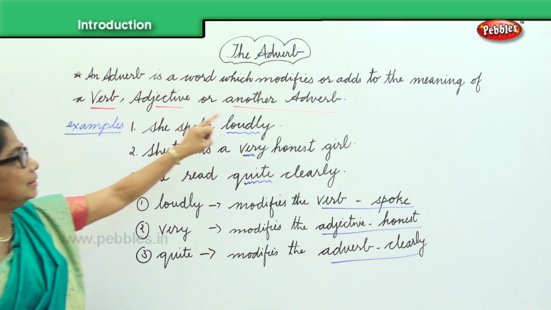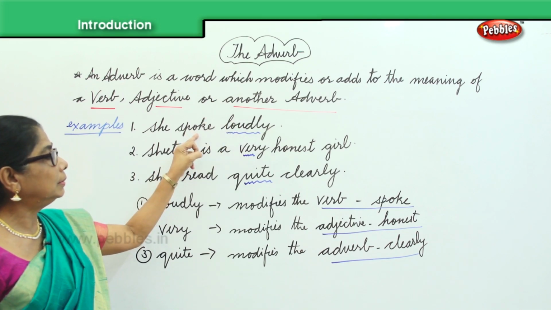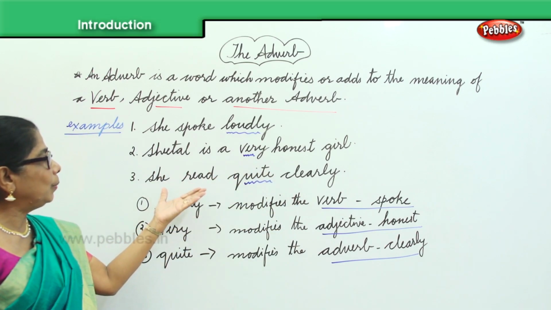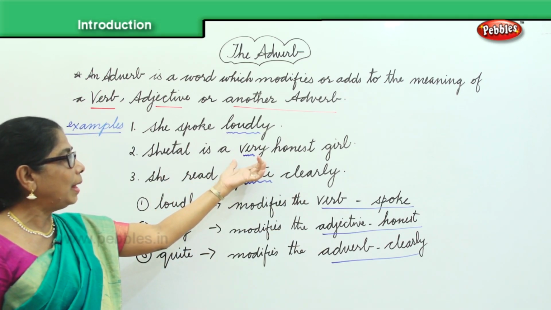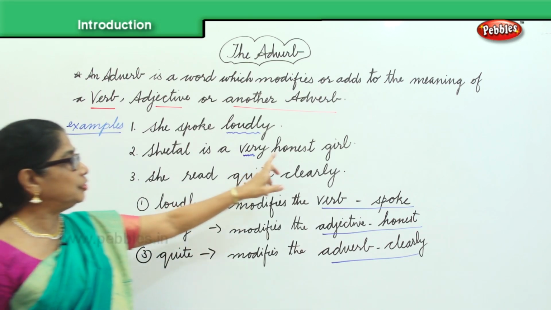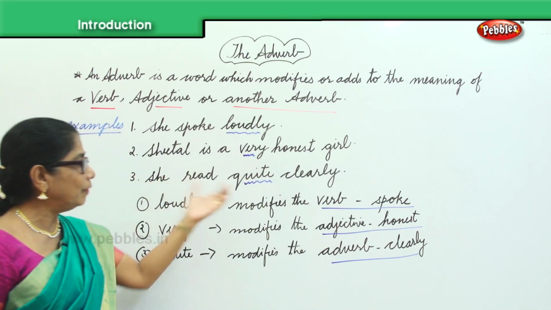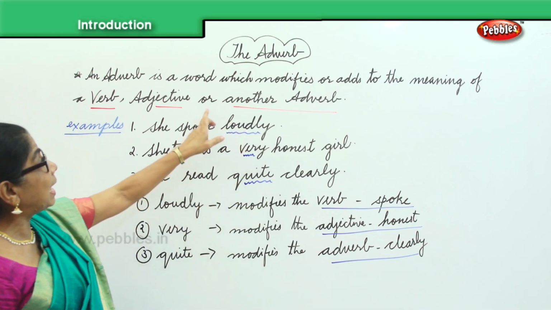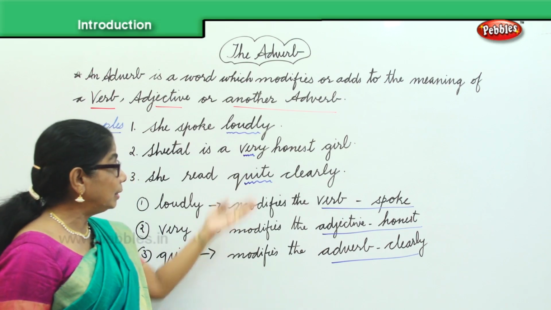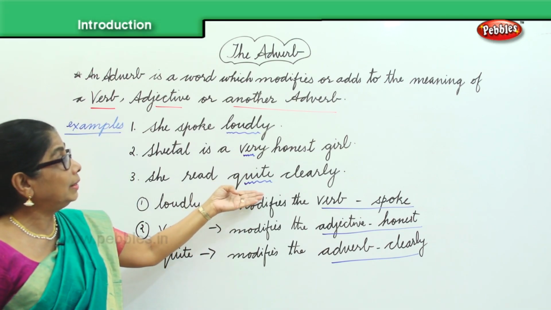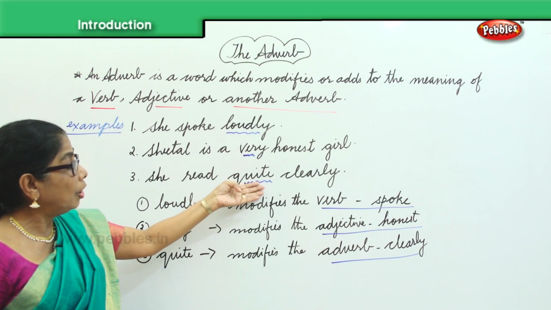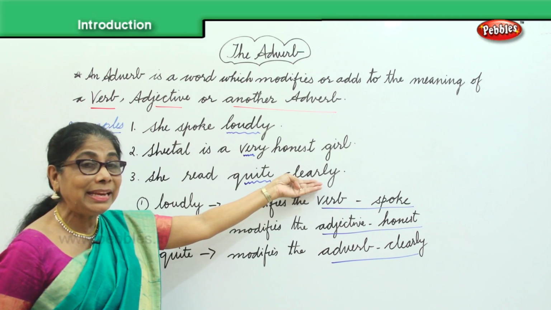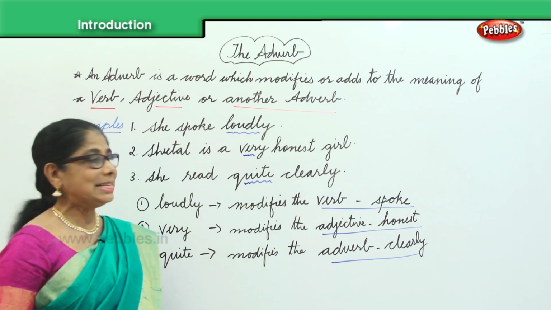So it modifies the verb spoke. In the second one we have very is the adverb and it modifies the adjective honest. And in the third one we have quite is the adverb, but it modifies another adverb, clearly. How does she read? She reads quite clearly.